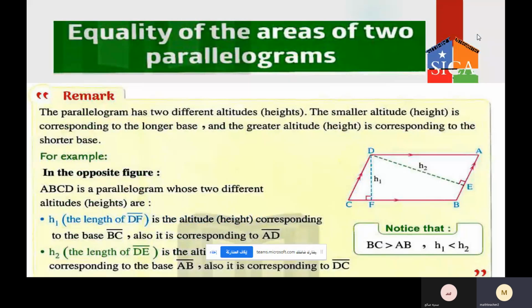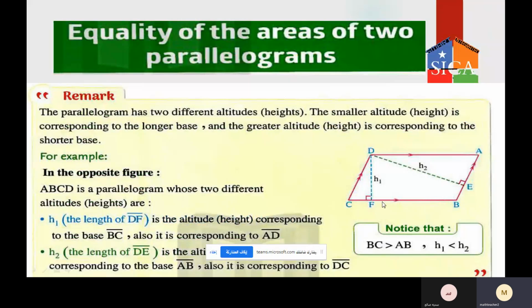Let us see our remark now. The parallelogram has two different altitudes. Altitudes mean height. This is height, h1. And this is another height. Then the parallelogram has two different altitudes. The first altitude, H1, its corresponding base is CB.